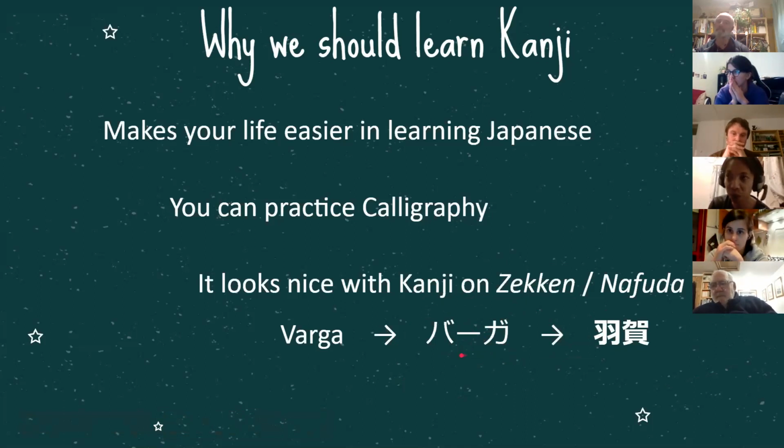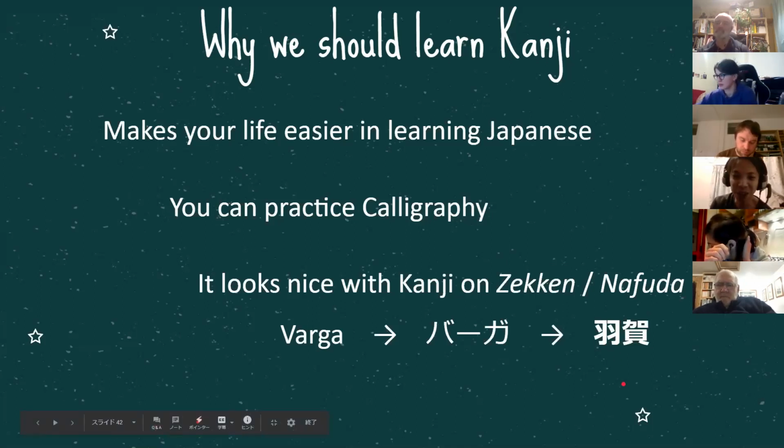Sometimes it's easier to do it with onyomi, so I change it into onyomi and pick kanji that sound poetic. I pick these two, and it looks like a Japanese name and looks nice on the zekken. So that's how I do it, just for your information.